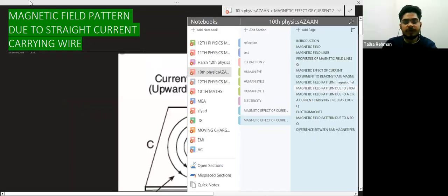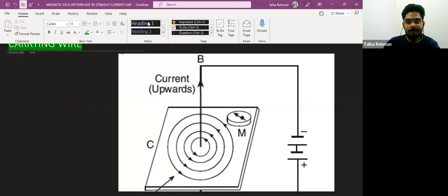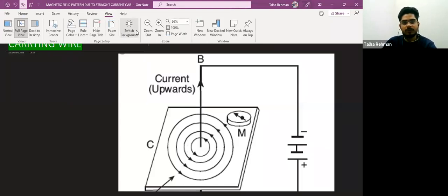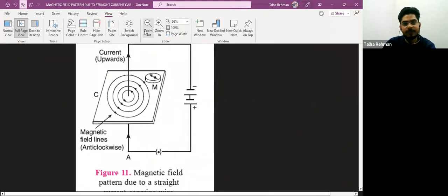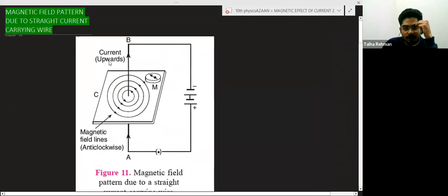So we have seen the magnetic field pattern, or you can say magnetic field lines, due to a straight conductor. This is a straight conductor, and in it there is a current flowing, and due to that current, this is the magnetic field pattern.